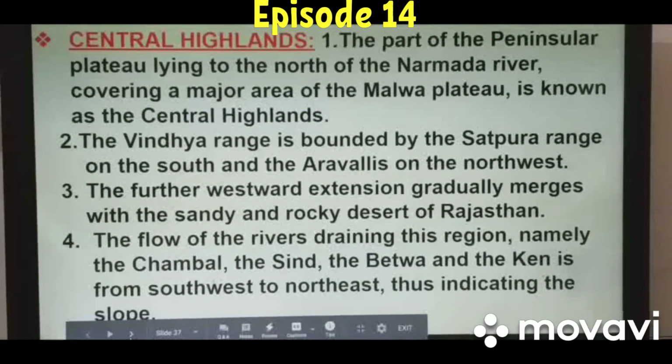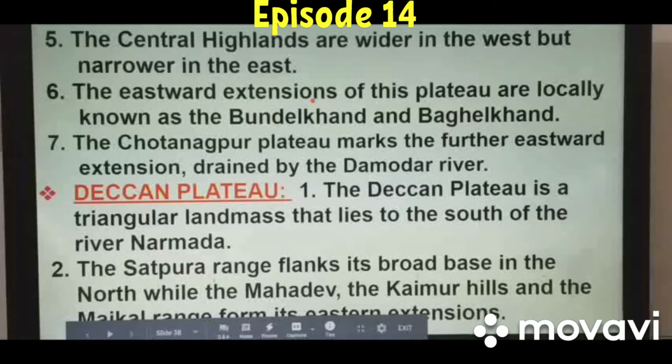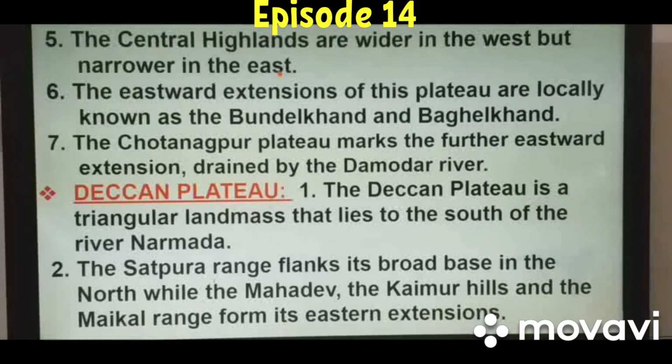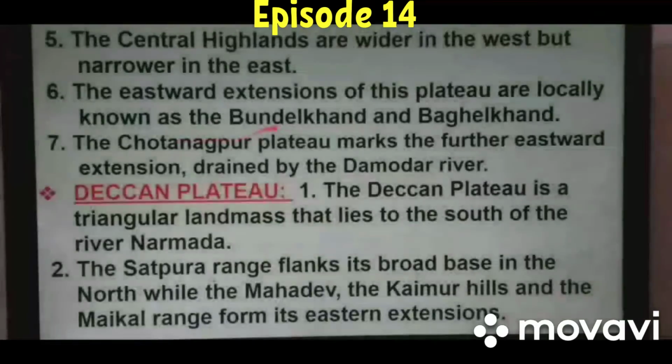Now the central highlands are wider in the west but narrower in the east, meaning the width is big in the west, and towards the east side the width of the plateau gradually decreases and it becomes narrower. The eastward extension of this plateau is locally known as Bundelkhand.